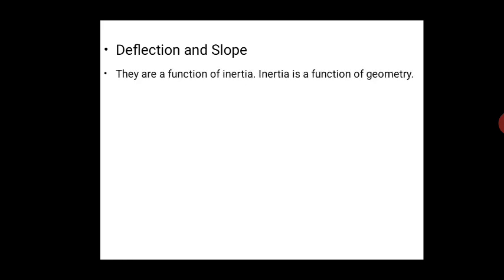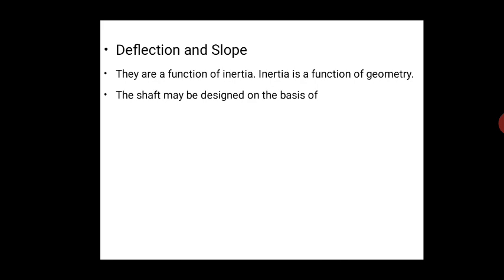Now, because of the loading conditions, the shaft is subjected to deflections. There is a deflection in the shaft, and along with that there are slopes. Because of the loads, slopes will be developed in the shaft members. This deflection and slope are a function of the load and inertia, and in turn the inertia is a function of geometry.